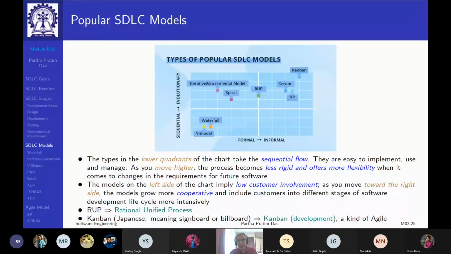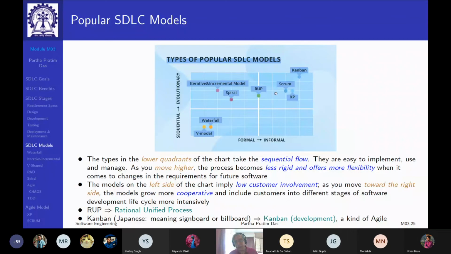And you can see how the different SDLC models are placed. We will revisit this diagram after we have discussed the majority of these models, so that you can appreciate it much better. But the whole idea is to show that you could be very formal, very sequential, and be in this space. And for several reasons, that does not work. You can be somewhat formal, but more evolutionary. That has a better success.